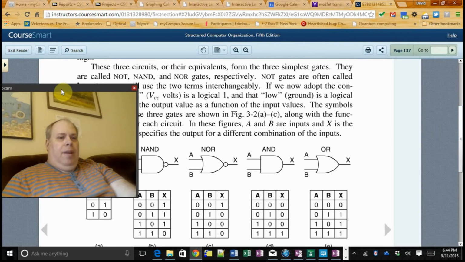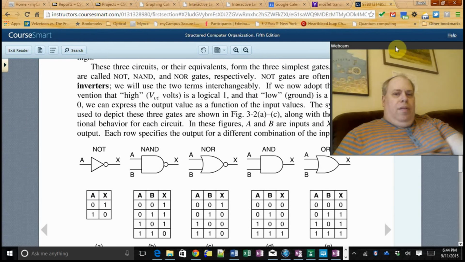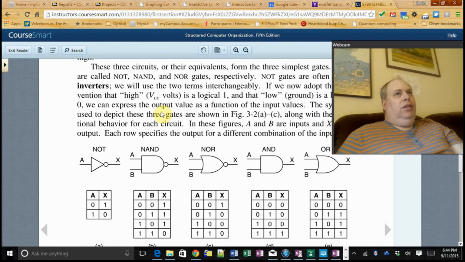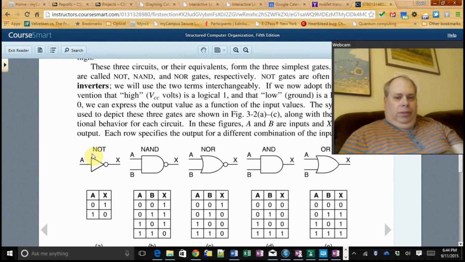The last thing I want to talk about is how we represent these. Unless we're doing chip design, if we're just designing a circuit, we instead use these symbols: the triangle with a circle, NAND, NOR, and OR.